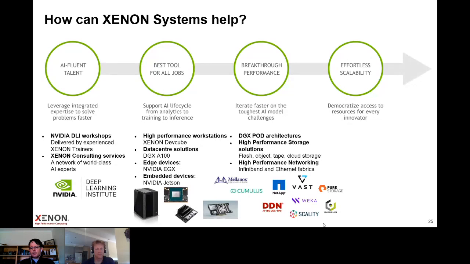And as I've mentioned before, we've been working for many years with Mellanox on deploying InfiniBand and Ethernet fabrics, and now, of course, also with Cumulus as the switch operating system to make that all very seamless and very quick and efficient to deploy. And you see some of our storage partners here listed on that slide as well.